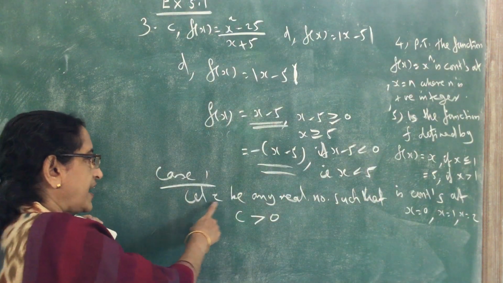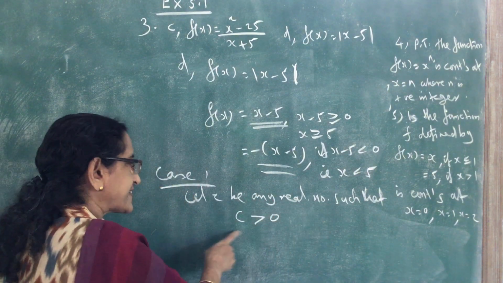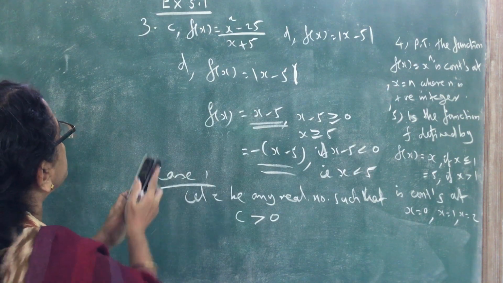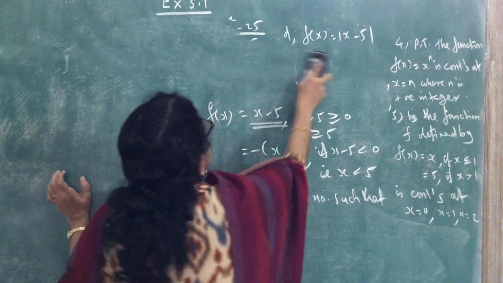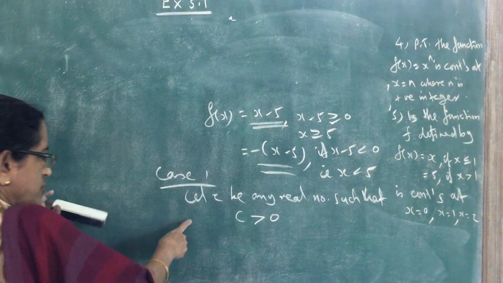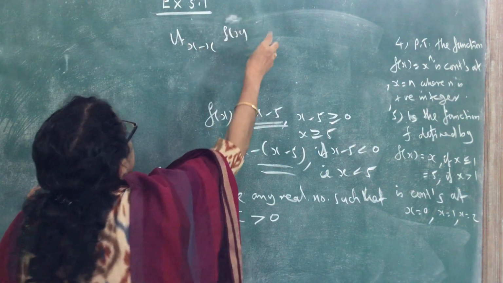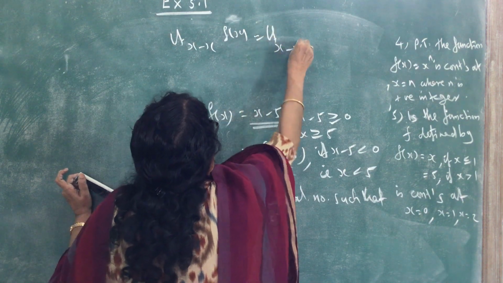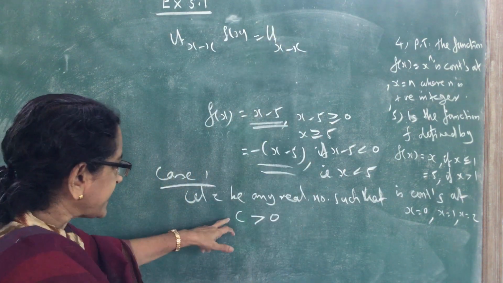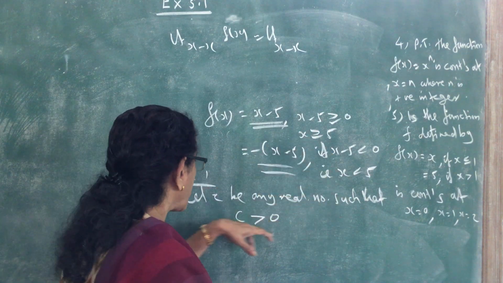So here C be any real number greater than 5. In that case we have to check the continuity. So we have to find limit x tends to C, f of x equal to f of C. What is f of x?